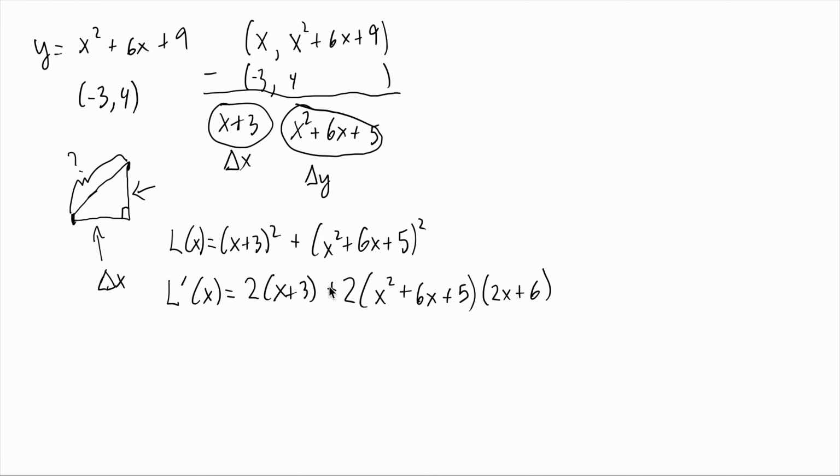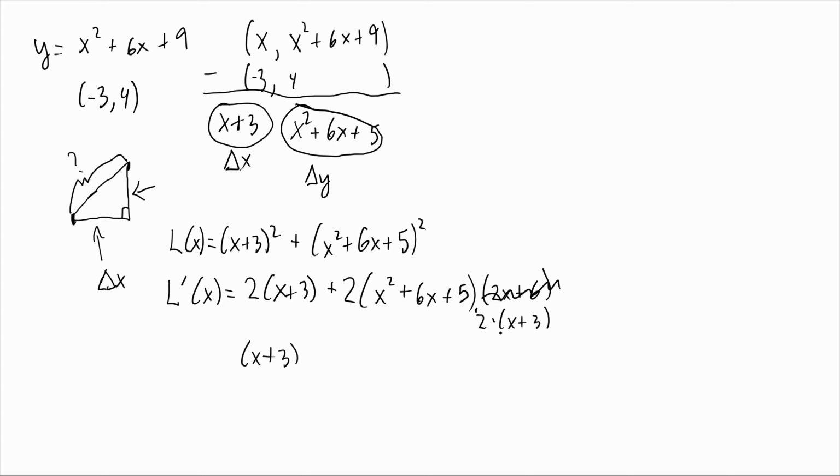Now, that's convenient in this case, because we can factor a 2 out of this part right here, and think of this as 2 times x plus 3. So x plus 3 is a common factor, so we can factor it out.